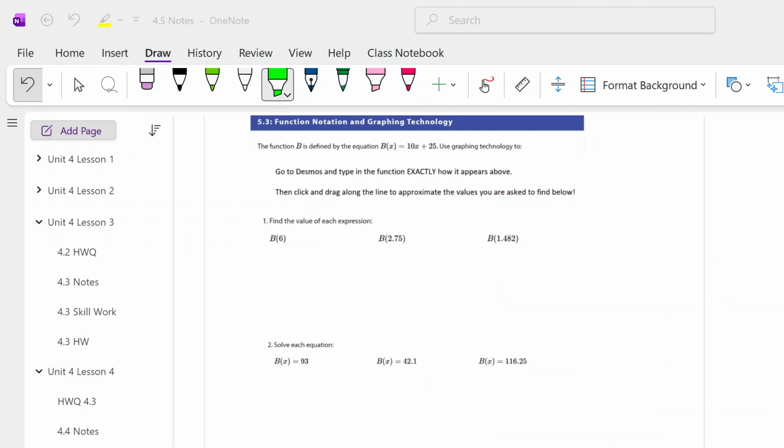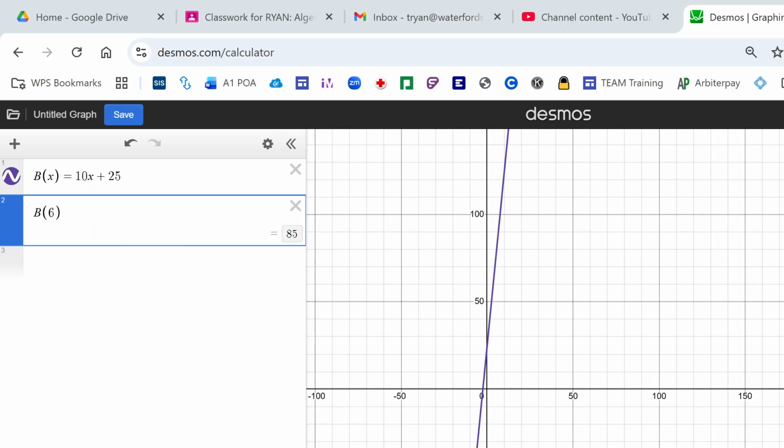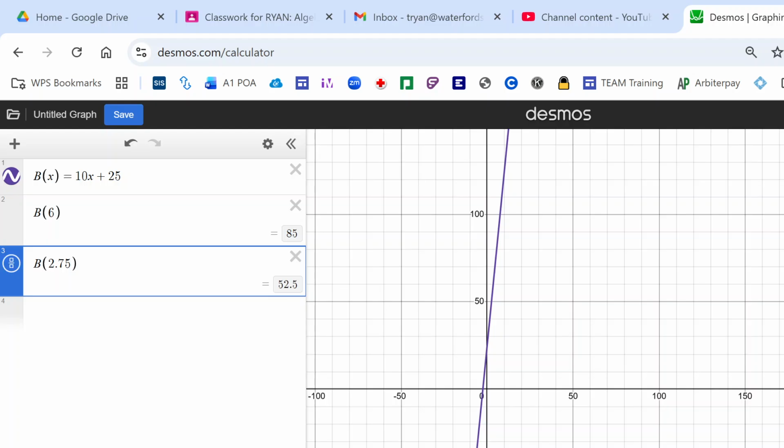Okay, great. So we go to here, that b of 6, let's not write in a highlighter, that b of 6 is equal to 85. Again, plugging in 6, not that bad. But we get to something like 2.75, and it's not as fun to figure that out yourself.